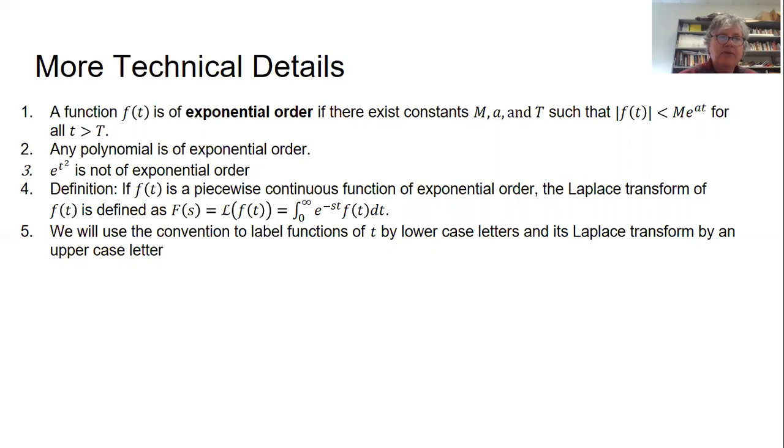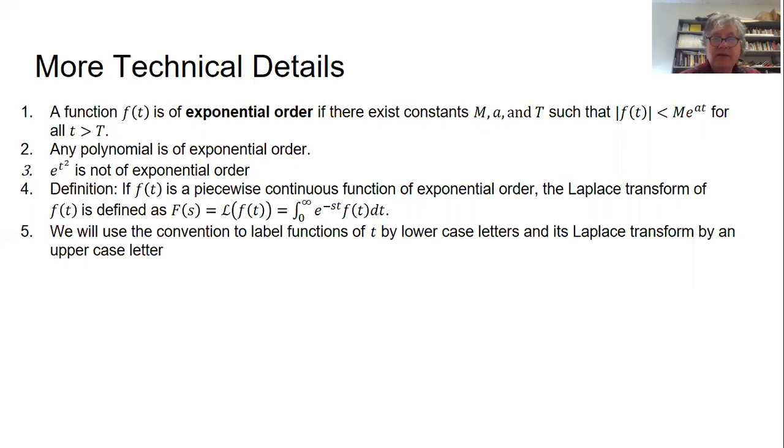Okay, so if we have a piecewise continuous function of exponential order, the Laplace transform is: we take our function, multiply it by e to the negative st, and then integrate that between 0 and infinity. The fact that it's piecewise continuous and of exponential order means that integral is going to converge.